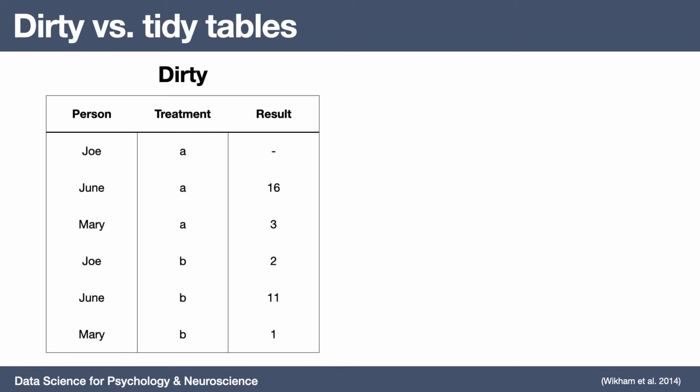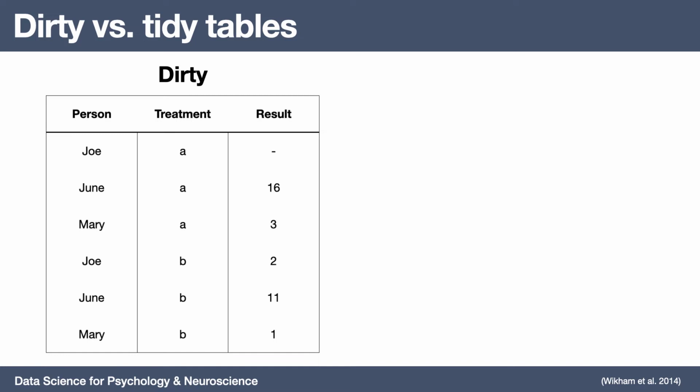Mostly it's just used to contrast with the concept of a tidy table, which conforms to Wickham's definition of tidy data. So for example, looking at this data table, which is just a toy data table, where we have person, a treatment condition, A or B, and some outcome result. This would qualify as a dirty table. And let me show you why.